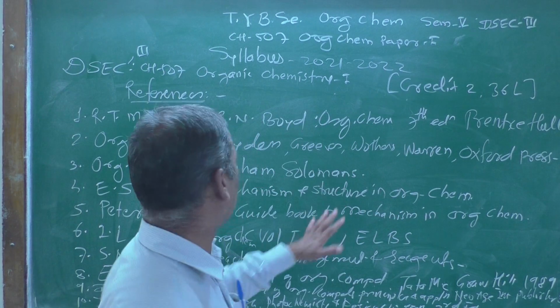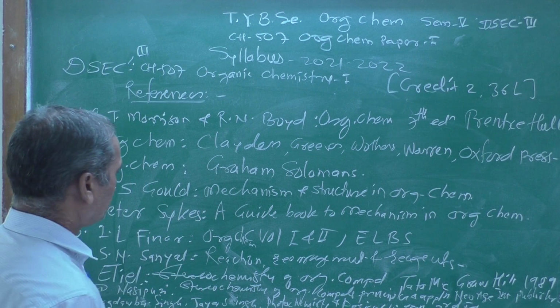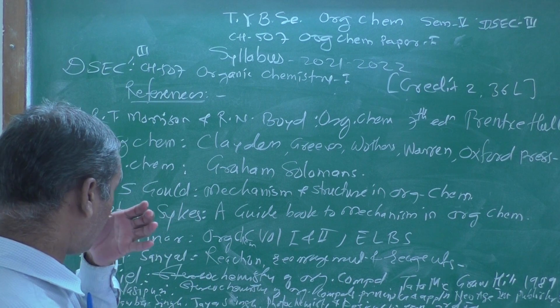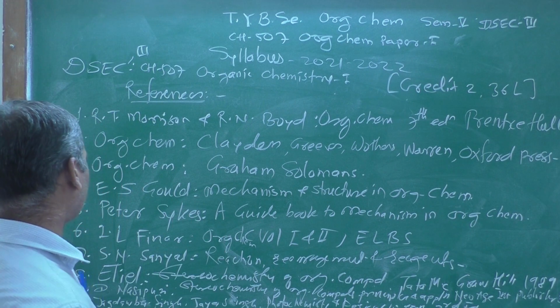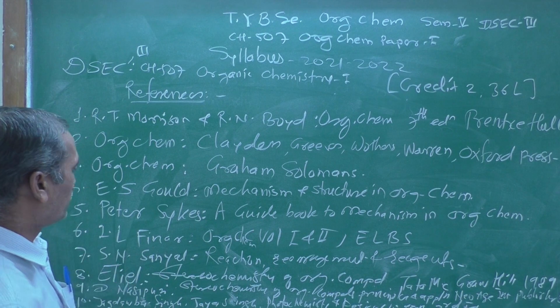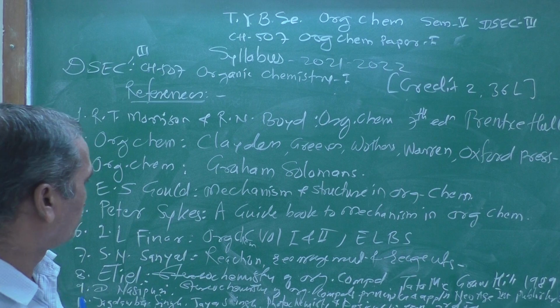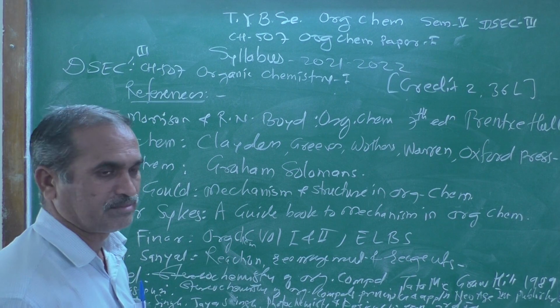Which reference book is next? Fifth one, Peter Sykes, A Guidebook to Mechanism in Organic Chemistry. Then reference number 6, I.L. Finar, Organic Chemistry, volumes 1 and 2.